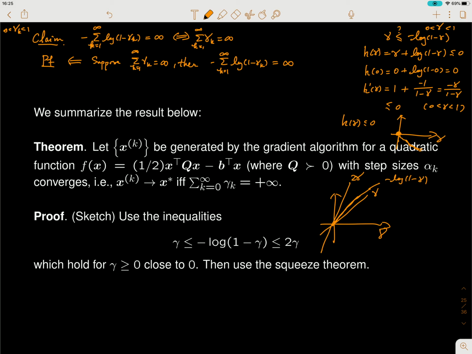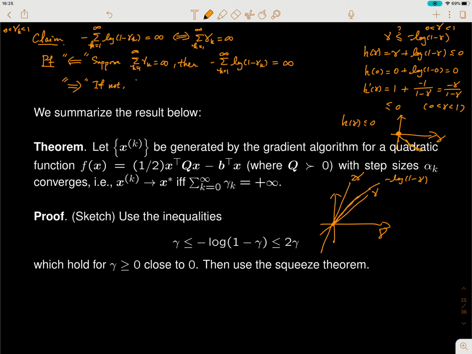To show the other direction, suppose that right now we know this sum is infinity, and we want to show that this is infinity. So if not, let's prove it by contradiction.